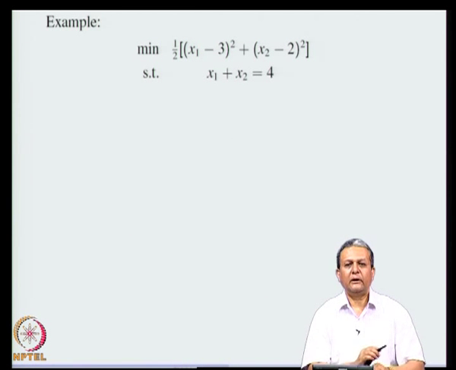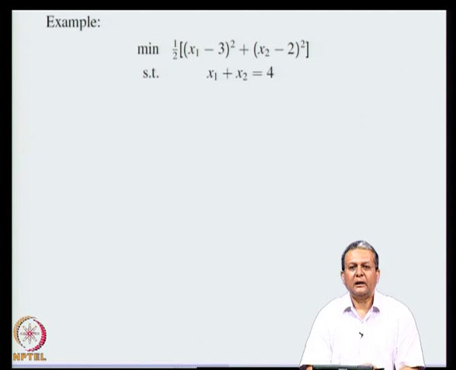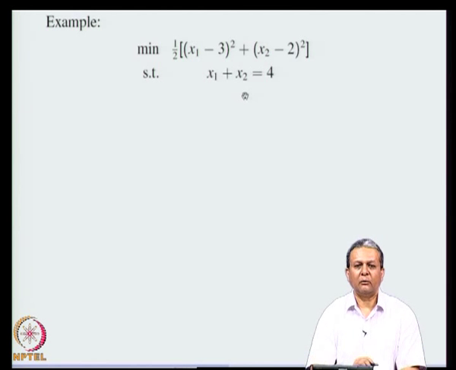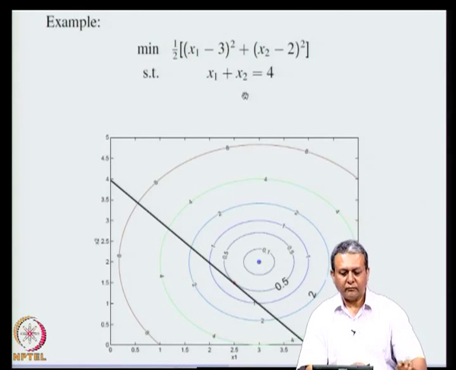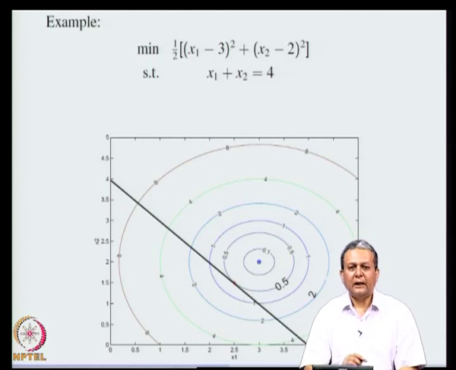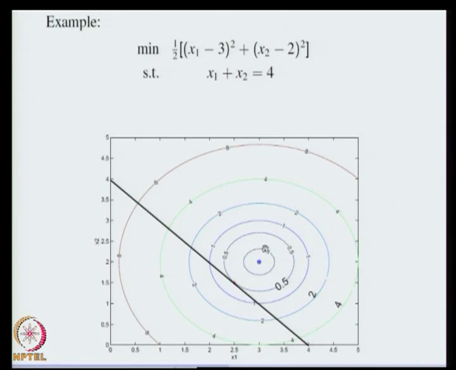Again, the circle with the center whose coordinates are 3 and 2. We want to determine a circle of minimum radius which touches the line x1 plus x2 equal to 4. Now, on the screen you will see the contours of the circle which has center 3, 2.